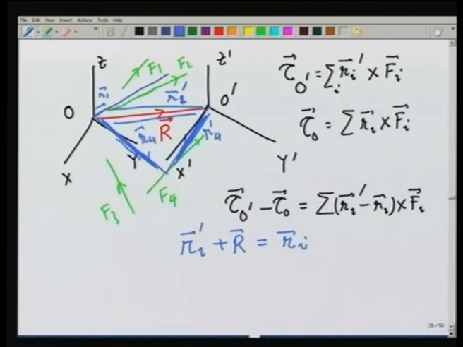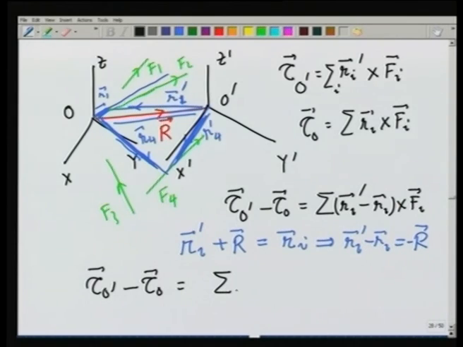Similarly, R 1 is equal to R plus R 1 prime. So, R I prime plus R is in general R I, and therefore, R I prime minus R I is equal to R with a negative sign, and therefore, tau O prime minus tau O is equal to summation I minus R cross F I.